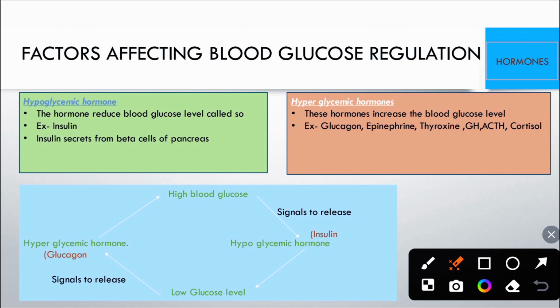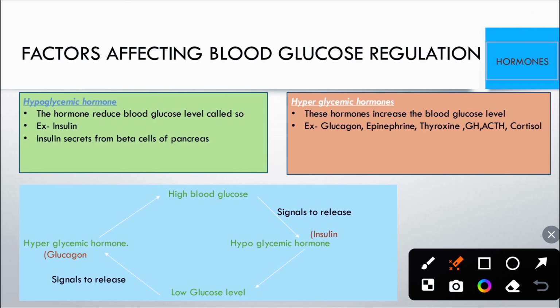First is hypoglycemic hormone and second is hyperglycemic hormone. Hypoglycemic hormone means the hormone that reduces the blood glucose. An example is insulin. Insulin is secreted from the beta cells of the pancreas. Then the hyperglycemic hormones increase the blood glucose level.